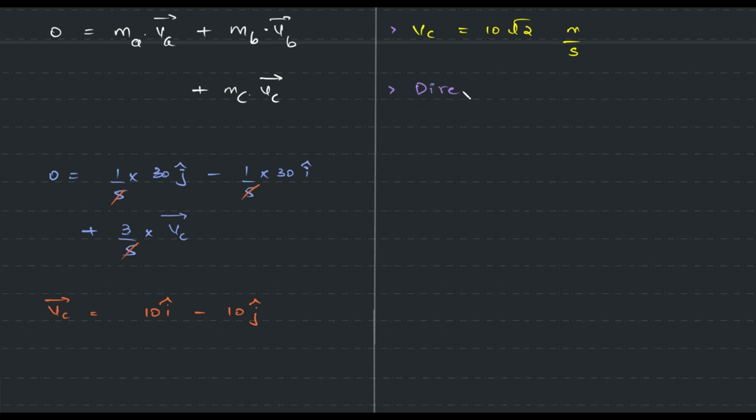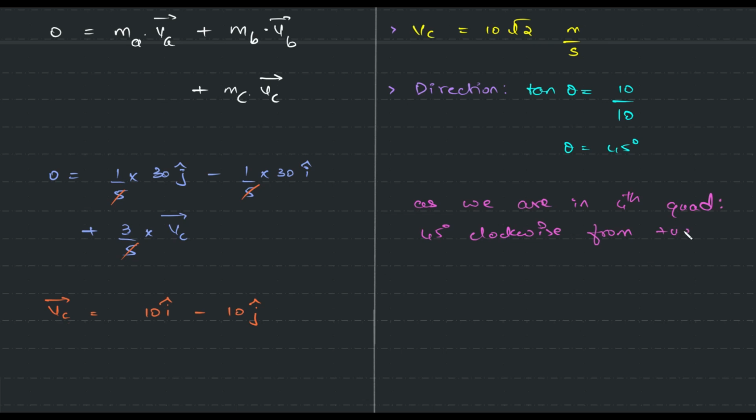Next we have the direction. So tan theta is equal to 10 by 10, that is 1. So theta is equal to 45 degrees. But since we are in the fourth quadrant in our diagram, this will be 45 degrees clockwise from the positive x-axis.